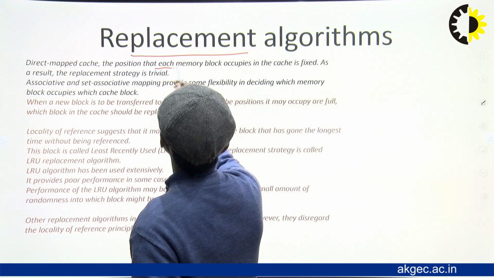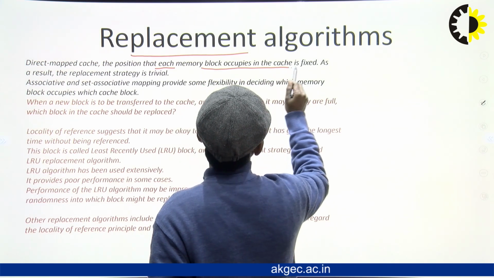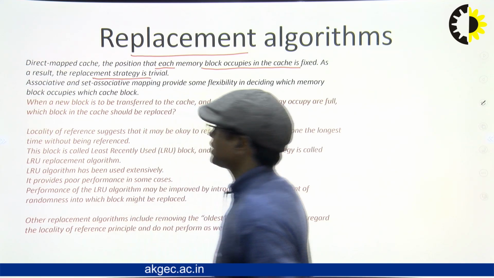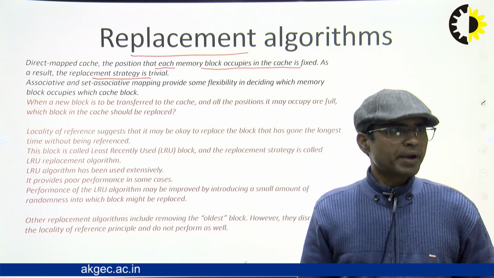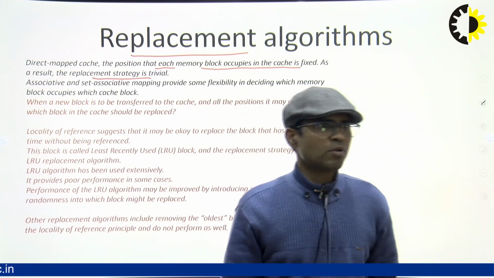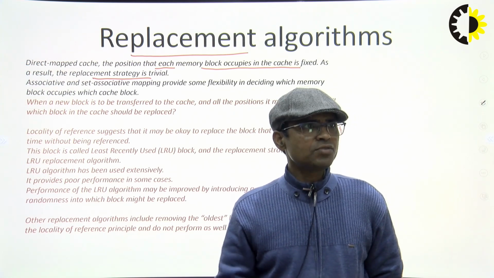There is a need to replace the block, because the memory block's position in the cache is fixed. So, there is a need for a replacement strategy to be incorporated. Associative and set associative provide some flexibility in deciding which memory block occupies which cache block. Fine. So, there is a very rare chance of replacement.